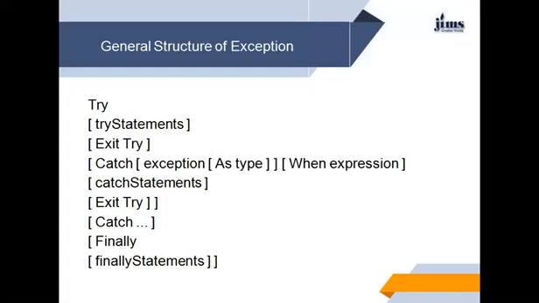And exit try. There can be many catch blocks, and it may also have a finally block. So you can have a try block, a catch block, multiple catch blocks, and finally a finally block. This is the general structure of an exception.